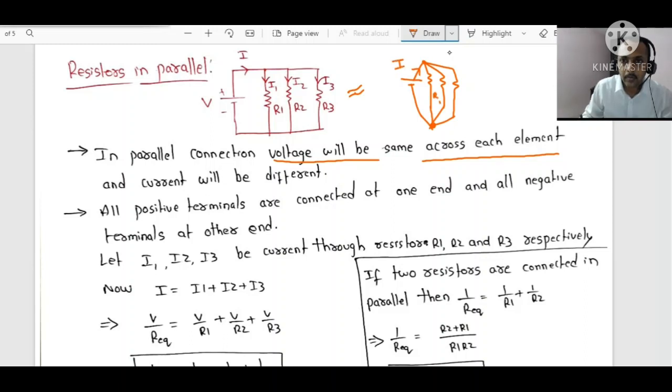This is R1, R2, R3. Both diagrams are the same. So all these points you can join at one point. There is nothing wrong, because here also all these points can be joined at one point, since no other elements are there. Just to look neat, it has been written in the form of a square. Otherwise this one is the same as this one. Now observe, the current came up to here.